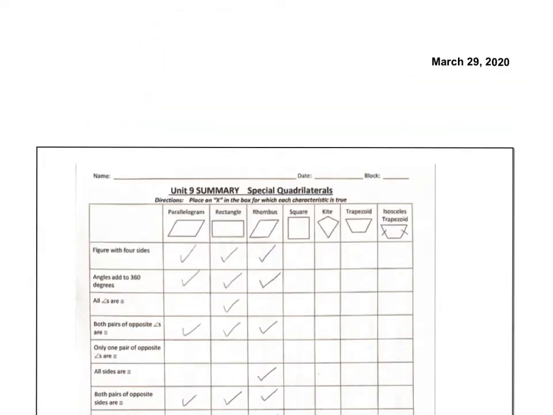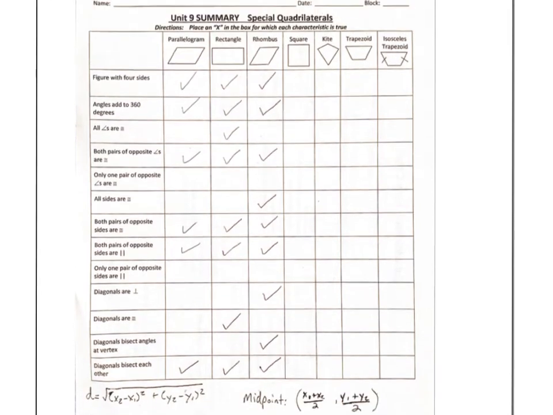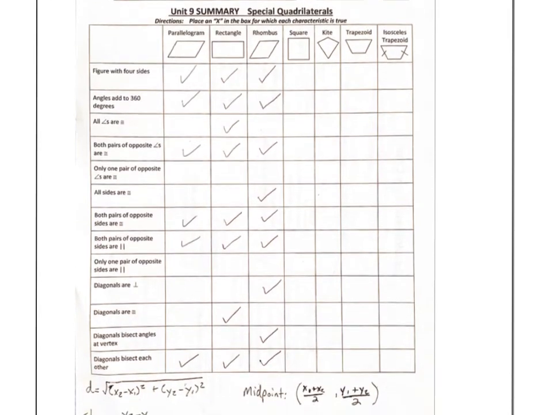And if you want to grab your sheet to fill that out, I already have it filled out just to save a little time. But a rectangle has 4 sides, adds up to 360. All angles are congruent, they're equal to 90. Both pairs of opposite angles are congruent.